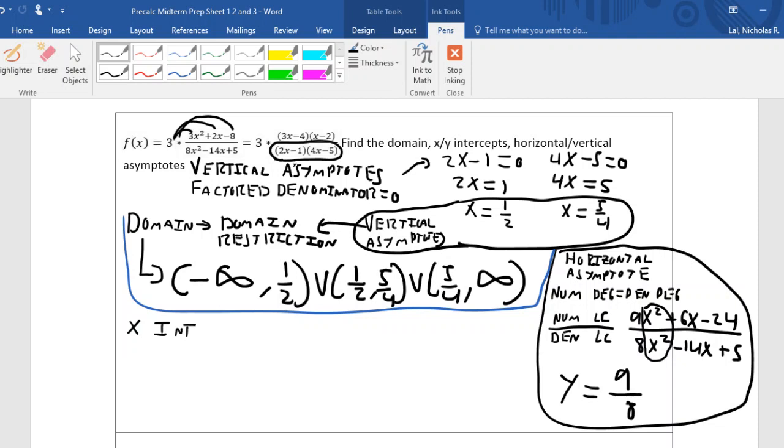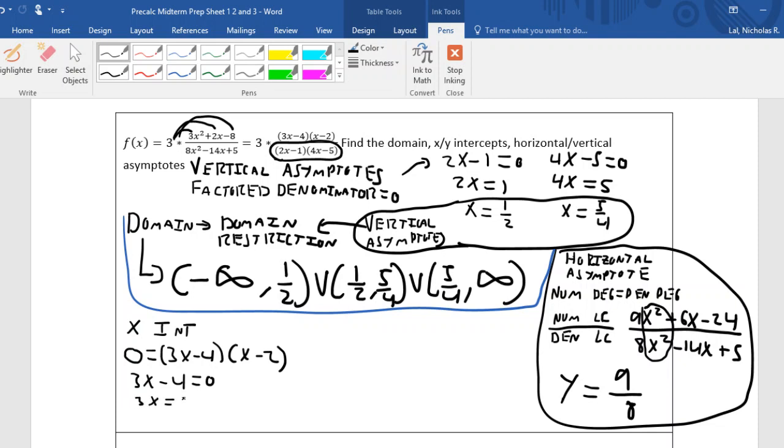So when you have 0 is equal to 3 times (3x minus 4) over (x minus 2) times (2x minus 1) over (4x minus 5), you can multiply each side by (2x minus 1) times (4x minus 5), and this will cancel out. Then divide each side by 3, and the 3 will cancel out, and you're left with 0 equal to the numerator factors, 3x minus 4 and x minus 2.